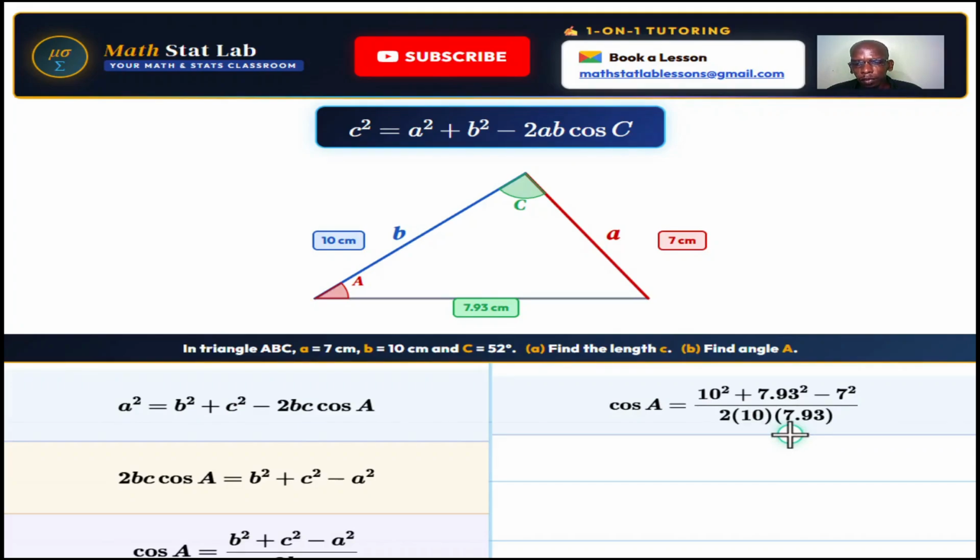7.93. Then from there, we just do the normal calculation, and now it becomes 100, because of course 10 squared is 100, plus 7.93 squared, which is 62.88, then minus 7 squared, which is of course 49. Then divided by 2 multiplied by 10, which is 20, multiplied by 7.93, which is 158.6.